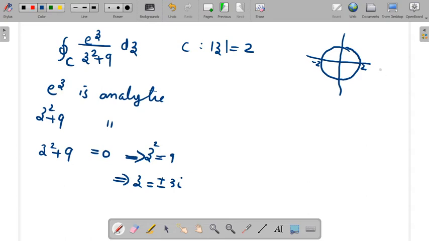Right? So again, 3i and minus 3i, their absolute value mod z is 3. So 3i and minus 3i will lie outside mod z equal to 2. Right? So we can conclude that this integral is equal to 0.